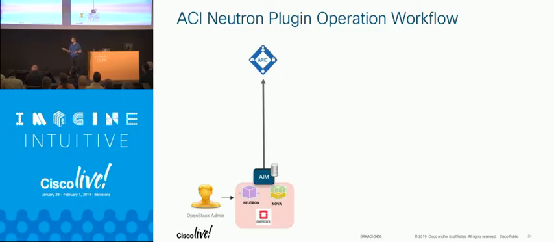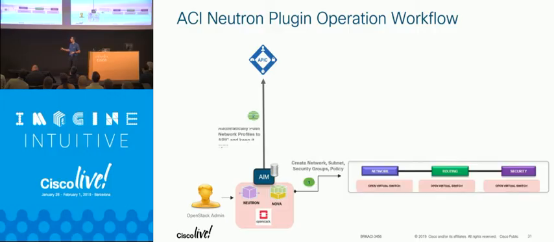They will still use Neutron and Nova to create Neutron networks and Nova compute workloads, and it will create objects here. Under the hood, AIM, the ACI integration module, will take care of pushing policy towards ACI, the APIC controller.